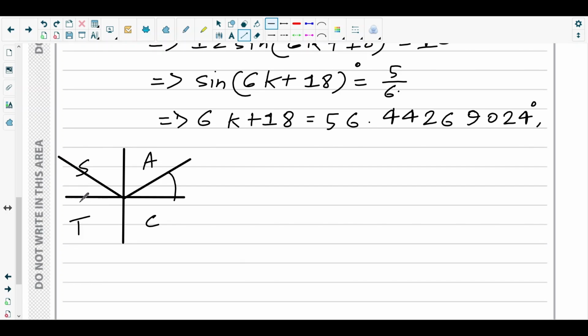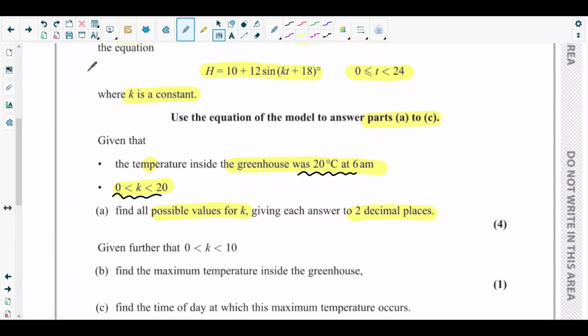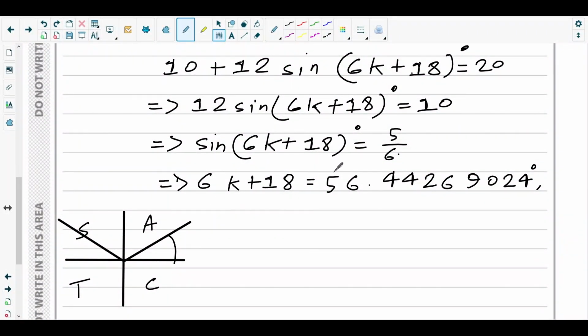But before you find the values of k, keep in mind that the possible value for k should be within 0 to 20, as given in the question. Now one value is 56.44269024, and another is 180 minus the principal angle, 180 minus theta.